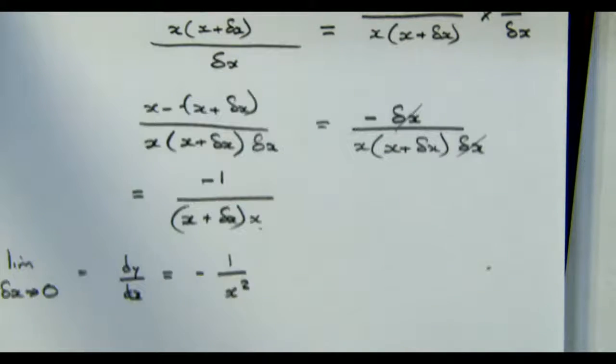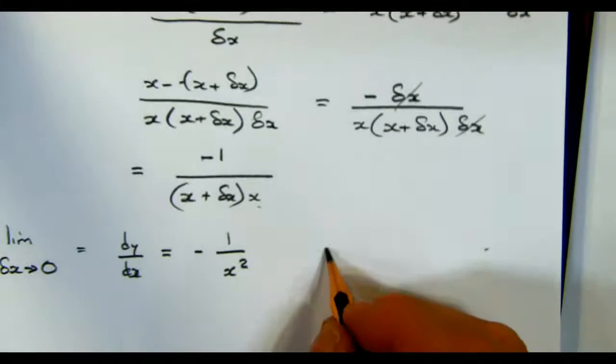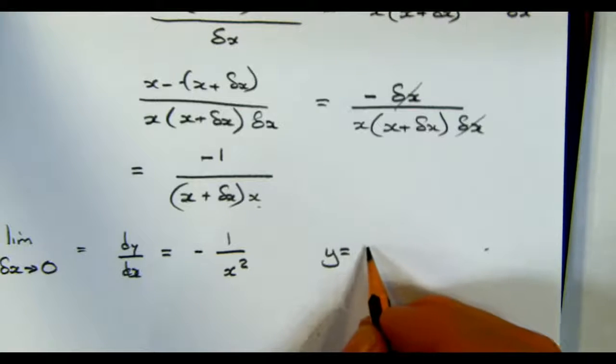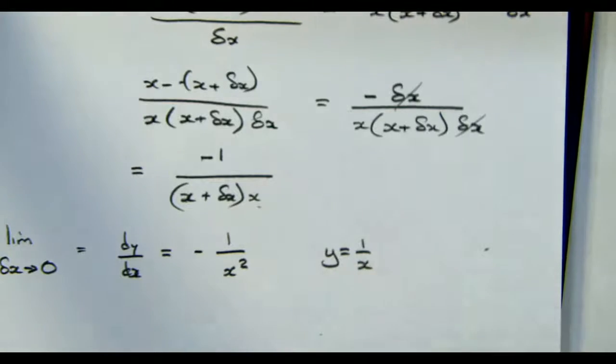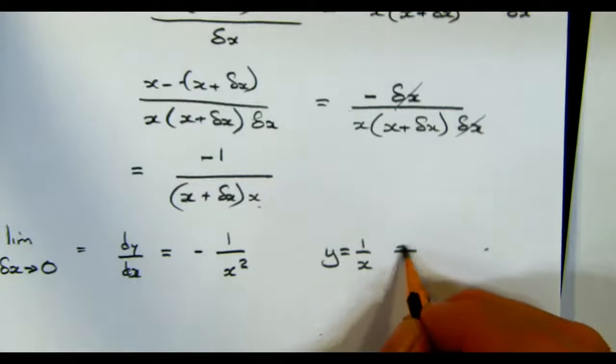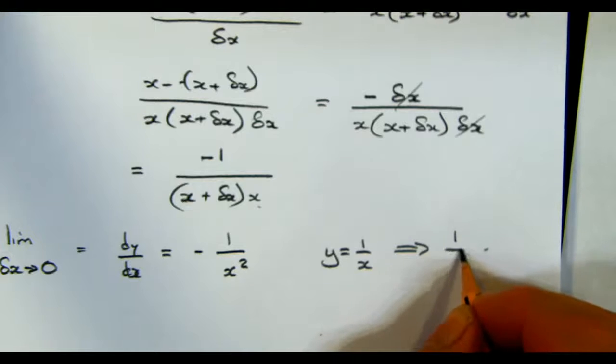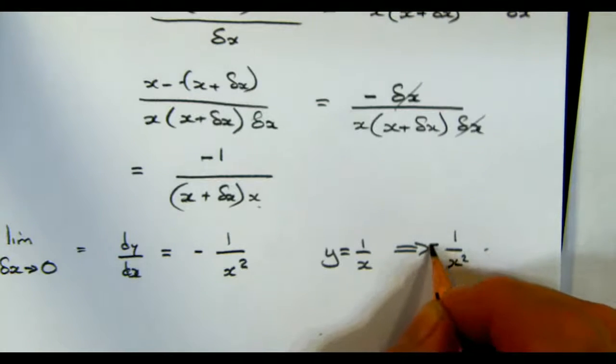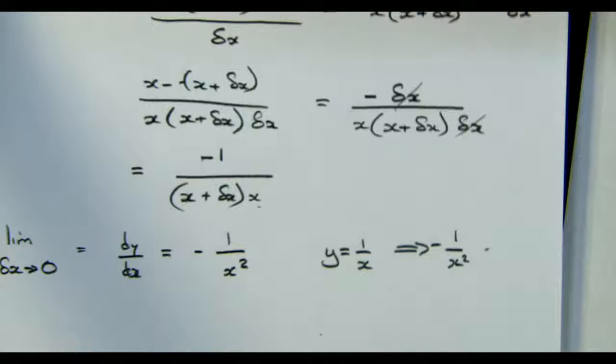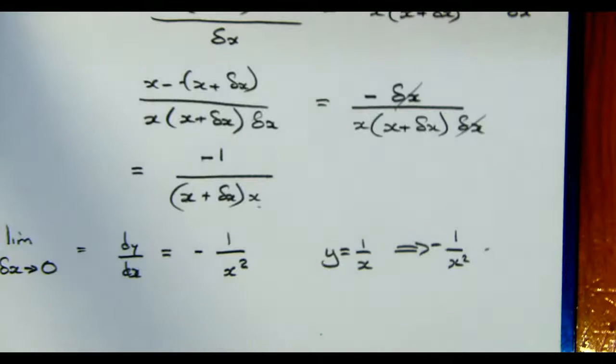So the derivative of y equals 1 over x with respect to x is going to be 1 over x squared, and it's going to be a minus.